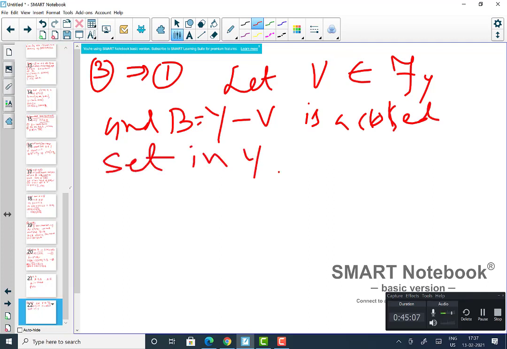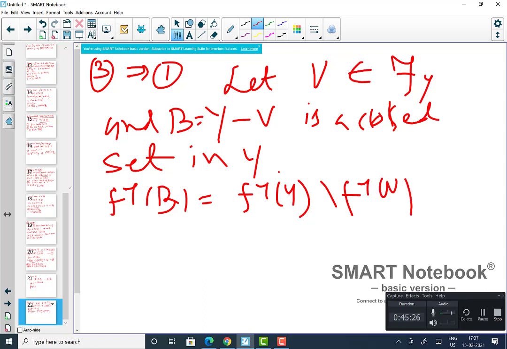If something is a closed set in Y, then you can write down the preimage of that B. The preimage of B is obviously nothing but f inverse of Y minus f inverse of V. It's set theory.